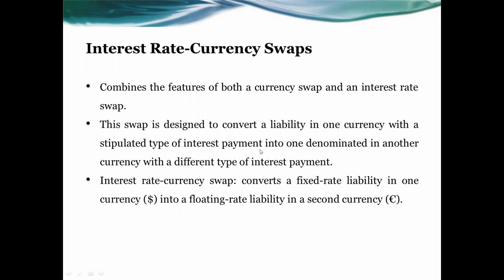Likewise, if you are taking a loan in dollars at a fixed interest rate, now because of this interest rate currency swap transaction, you pay pound interest payment at a floating interest rate. Right? This swap is designed to convert a liability in one currency with a stipulated type of interest payment into another denominated currency.